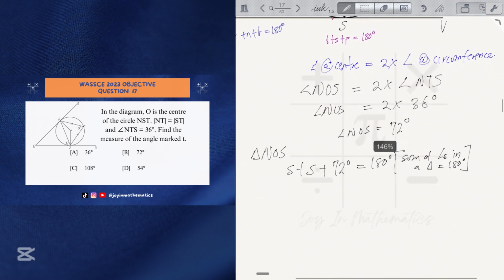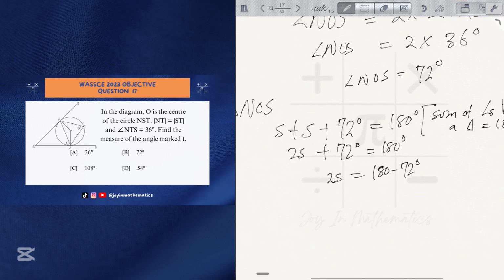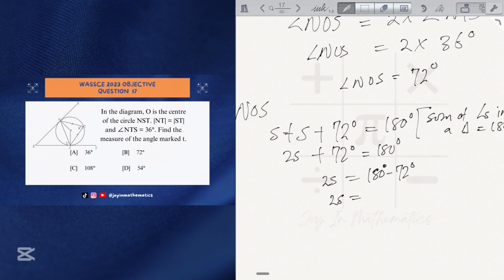So moving further, you will have 2S plus 72 degrees to be equals to 180 degrees. Then we'll have 2S to be equals to 180 degrees minus 72, and this would be equals to 108 degrees. So 2S is equals to 108 degrees. And we will have the value of S to be equals to 108 divided by 2.